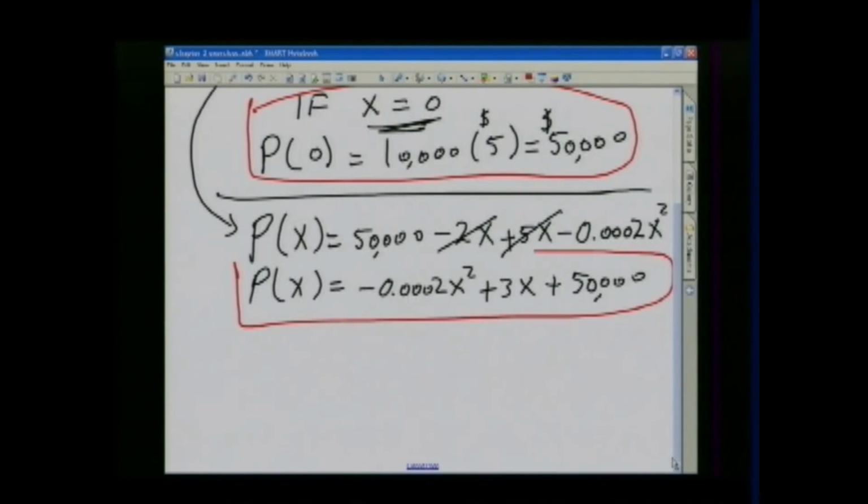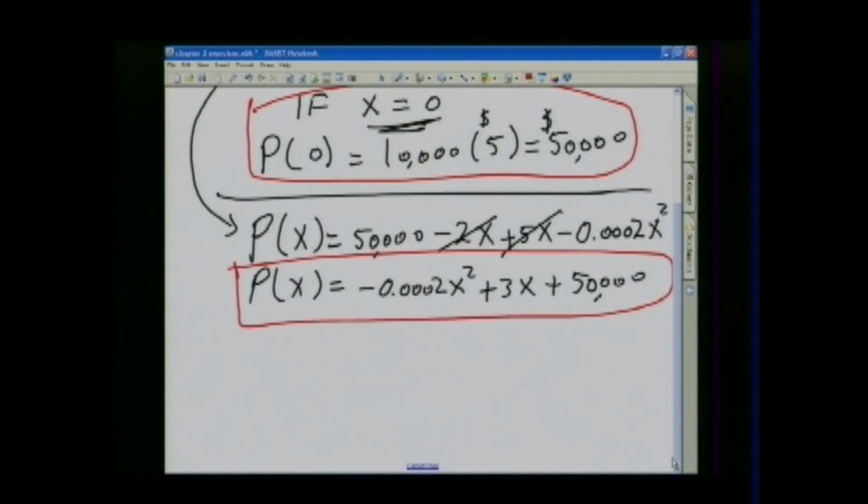This is my profit function. For any value of X, all I have to do is plug in whatever value I want for X, and I can figure out how much profit it would be making.